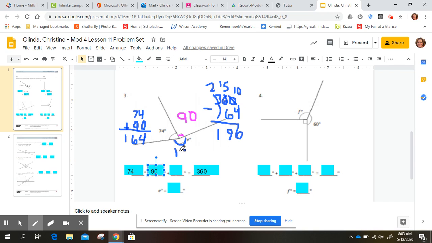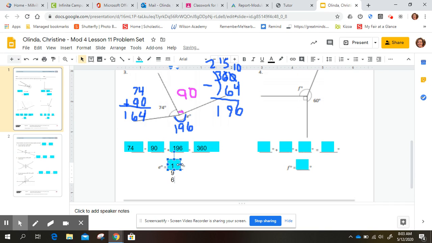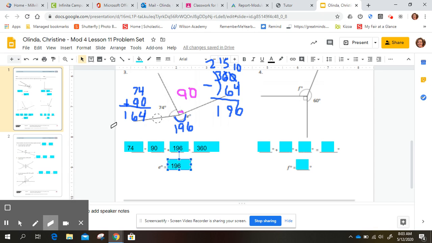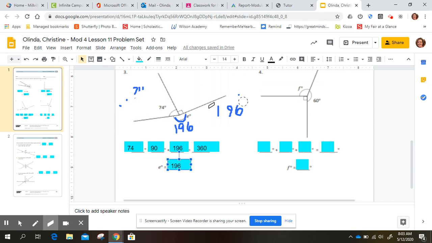So this has to be 196 degrees. So I can type that in and pull that box a little bit and it'll fit on the line. So the missing angle was 196 degrees. And that makes sense because we know a straight line is 180 and that's a little bit past a straight line. I'll erase this and we'll look at number 4.